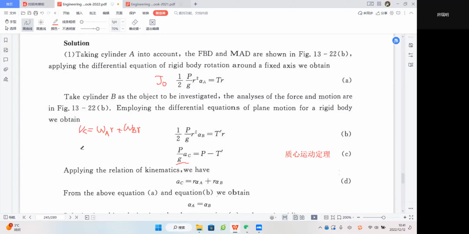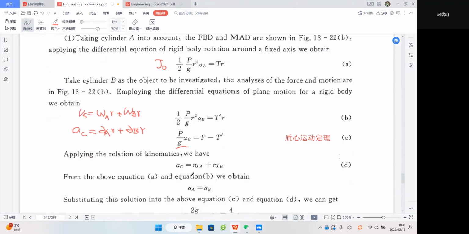So when we do the derivative calculation on both sides, we will have AC just equal to alpha A R plus alpha B R, right? That's why this is true. That's why this is the first method to help you guys understand.